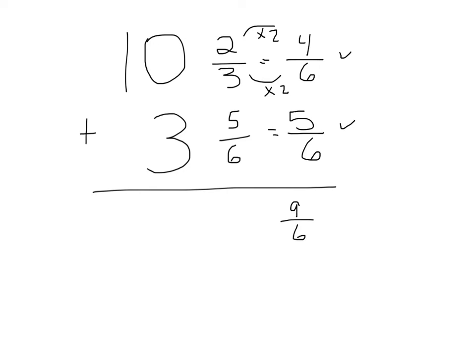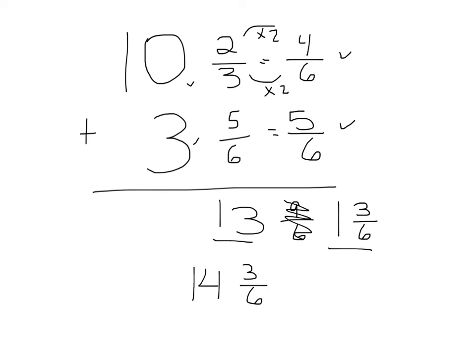And 10 plus 3 makes 13. So I have 13 and 9/6. So I'm going to take this 9/6 and turn it into a mixed number. 9 divided by 6 is 1, with 3 left over, so I have 1 and 3/6. So 13 plus 1 and 3/6 is 14 and 3/6.